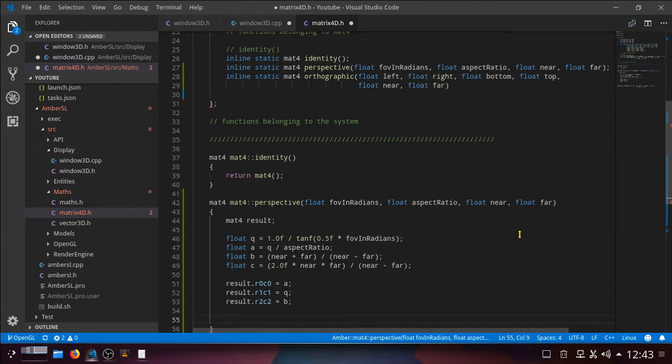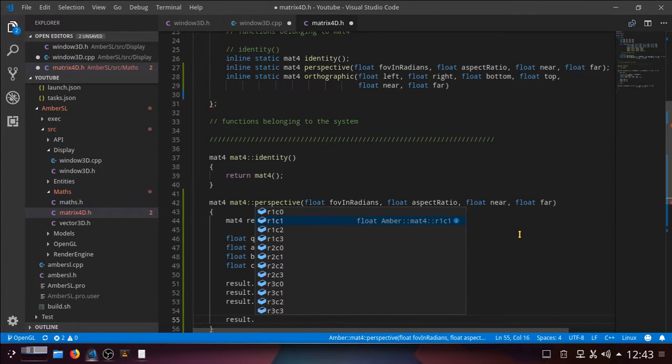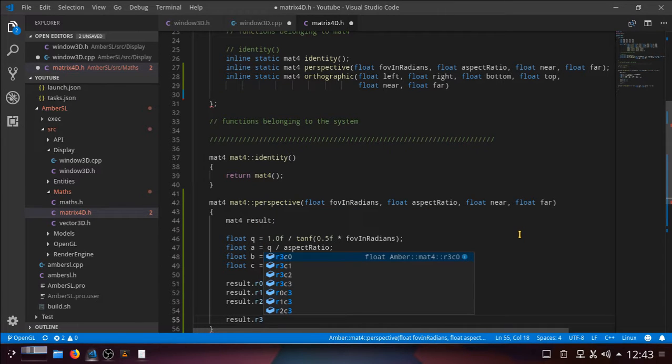And there's a couple of extras. So result dot, and it's going to be row 3, column 2. Whoops. Equals minus 1.0. Minus 1.